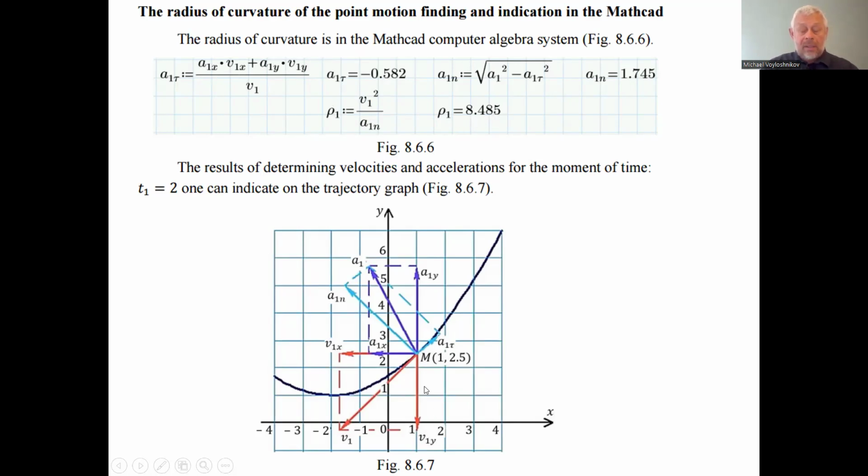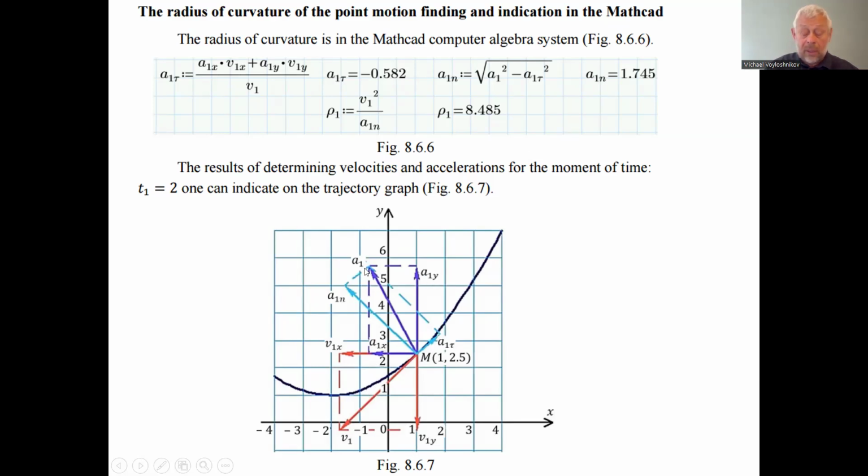Yes. So we can show all this on the scheme of the point located on the parabolic trajectory. And we have the velocity, the components of the velocity. We have the components in the coordinate system, components of the acceleration, projection on the abscissa axis, projection on the ordinate axis.